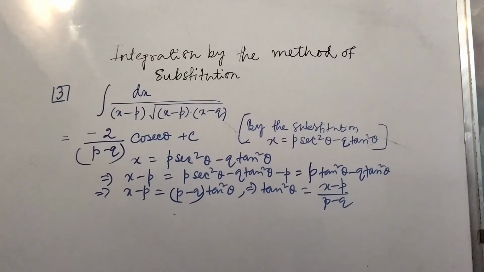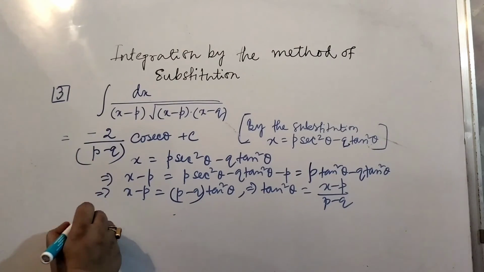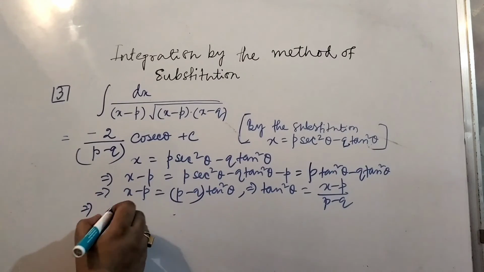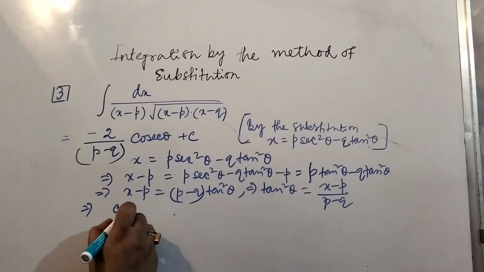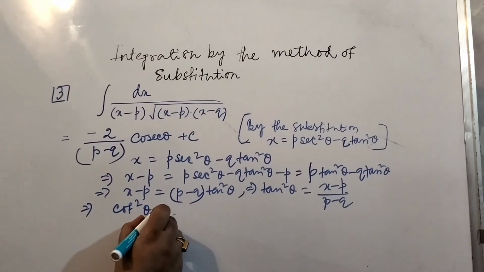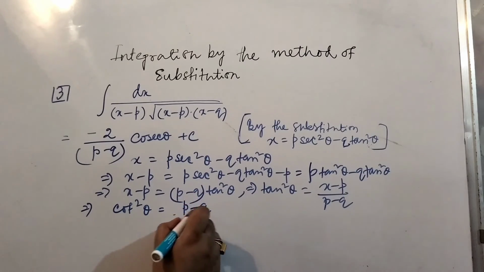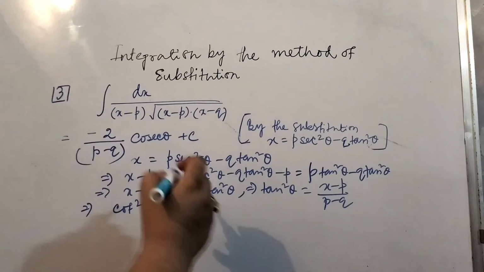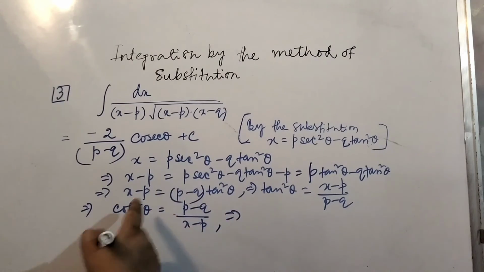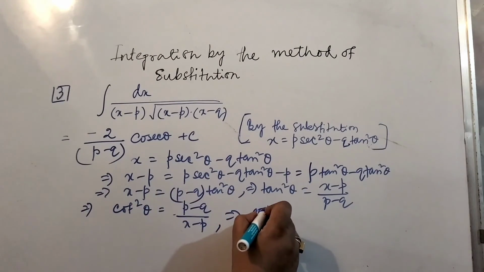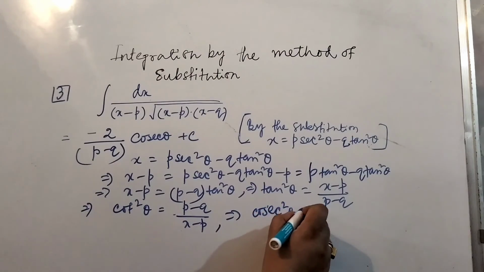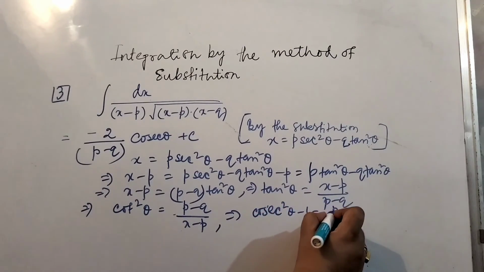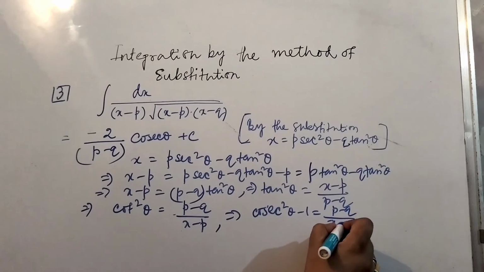Now from this tan squared theta, we have to obtain cosec theta. How? We know 1 by cot squared theta equals to tan squared theta. So here we find cot squared theta is equals to p minus q by x minus p. It will also be reversed. Okay. So here this cot squared theta can be written as cosec squared theta minus 1. This is equals to p minus q by x minus p.